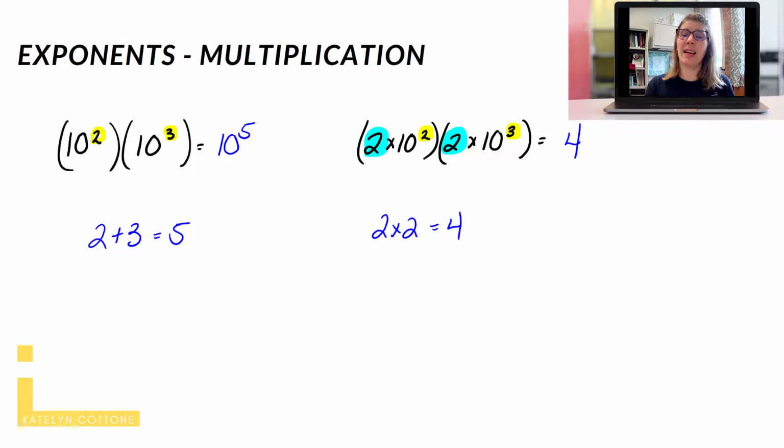And then we're going to tack on the exponent portion. So 4 times 10 to the power of 5. So we're getting the power of 5 from the addition of the two exponents, and we're getting the 4 from the multiplication of the item that's coming first. So this is how you deal with multiplication. Let's look at how you deal with division.